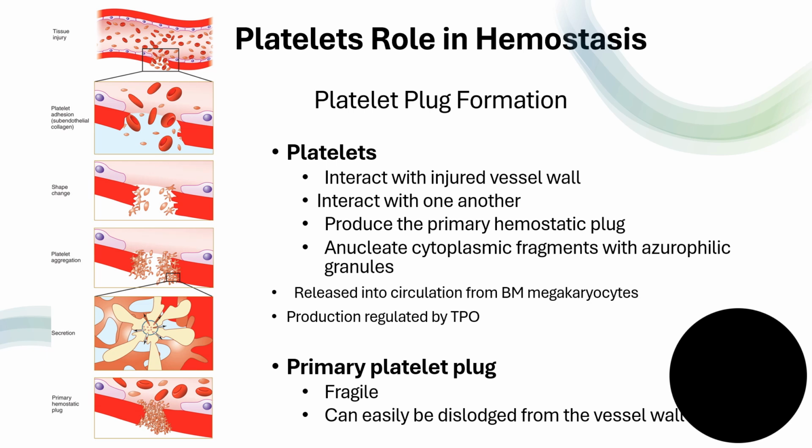These now activated platelets release granules containing ADP, serotonin, and thromboxane A2, which promote further platelet recruitment and aggregation. This aggregation forms a stable platelet plug at the injury site. Platelets also provide a surface for coagulation factor activation, leading to fibrin formation, which stabilizes the plug and supports long-term clot integrity.